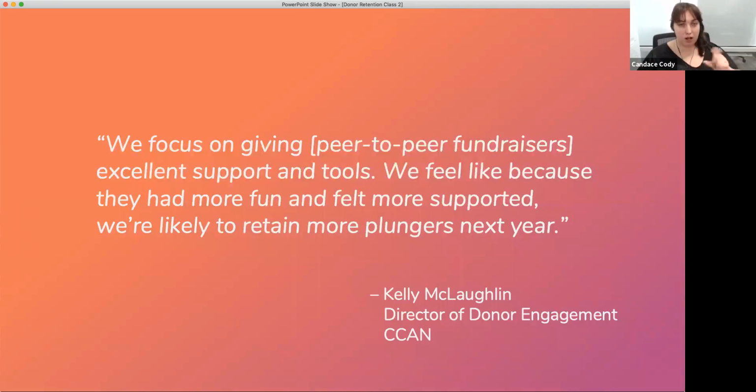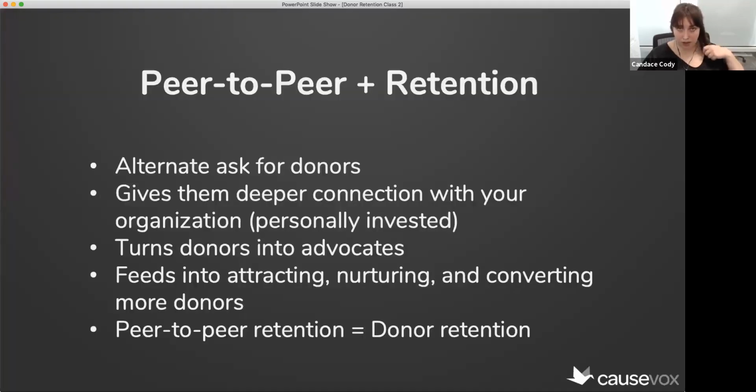That's another kind of retention you can look at year over year: making sure that you are supporting your peer-to-peer fundraisers with a fundraiser toolkit, for example, and giving them all of the resources they need in order to excel. Because the more they feel supported and the more fun they have, they're probably going to come back again next year.